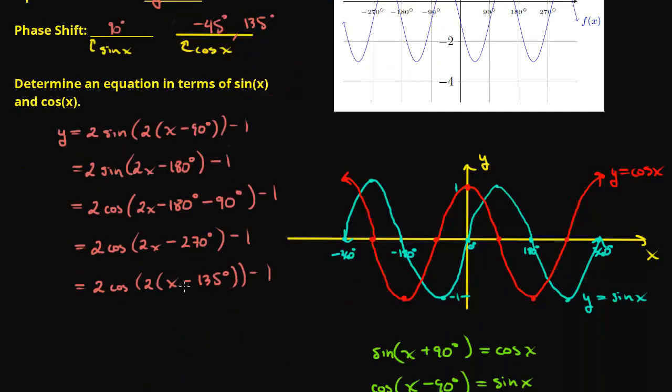So if I use cosine of x, it's going to be a phase shift of 135 degrees, which is a horizontal shift of 135 degrees to the right. So this is an algebraic way of coming up with the phase shift and modeling using the sine ratio rather than the cosine ratio.